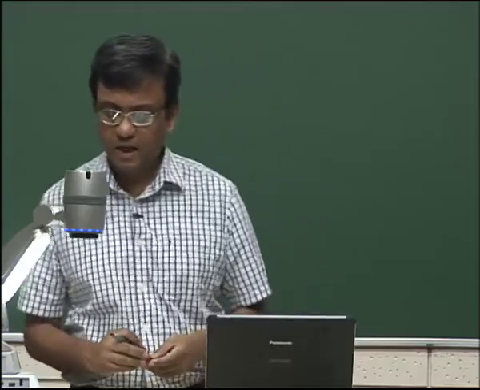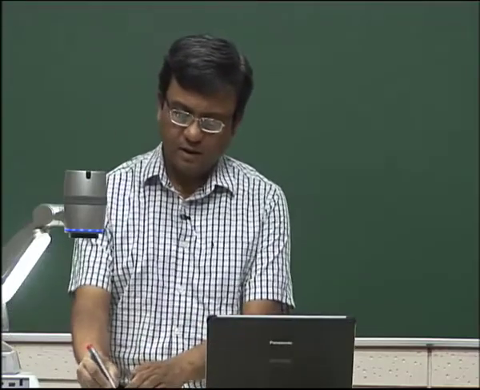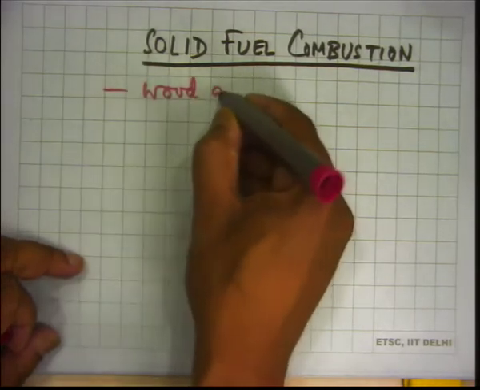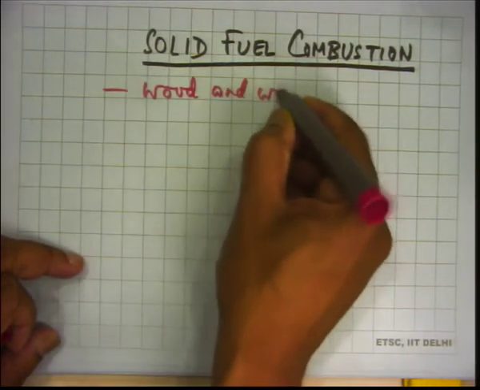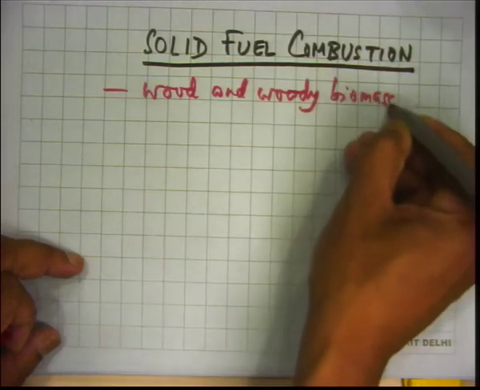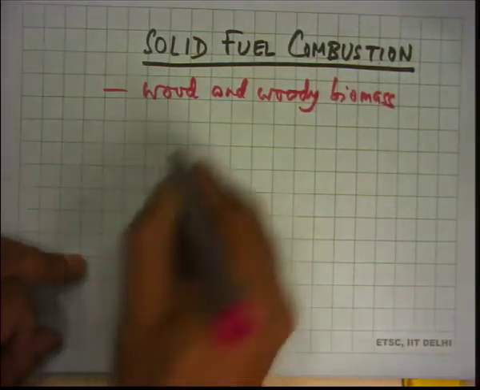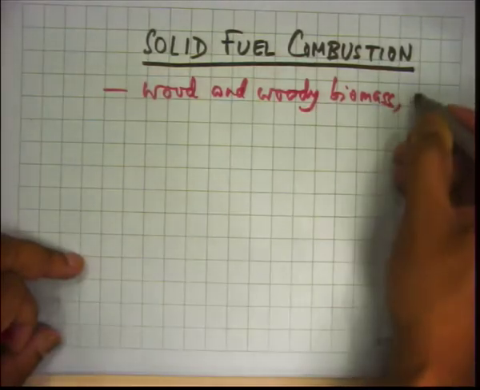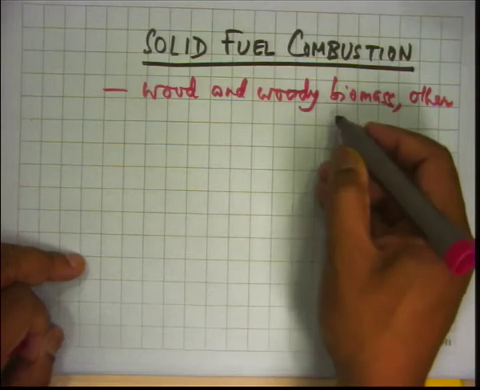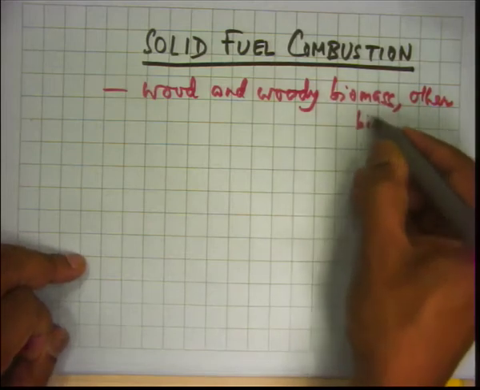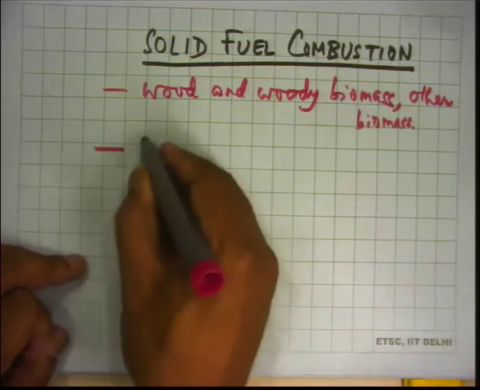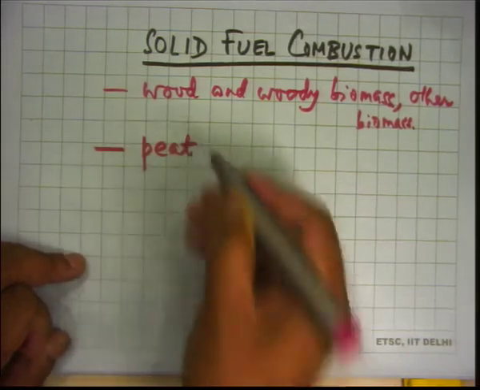Among the naturally occurring solid fuels, you can have, let us say, wood and woody biomass, other biomass. You can have peat.